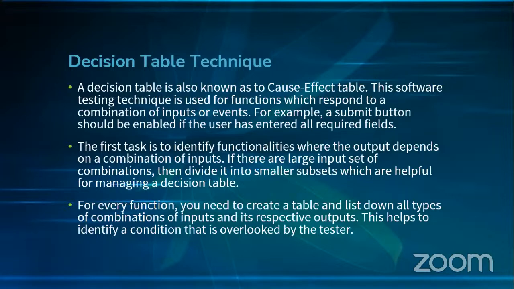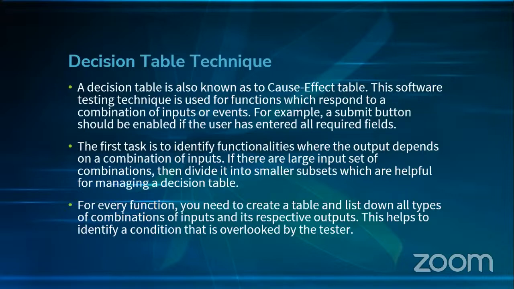So let's say a decision table is known as a cause effect table. This software testing technique is used for functions which respond to a combination of inputs or events. For example, a submit button should be enabled if the user has entered all required fields.